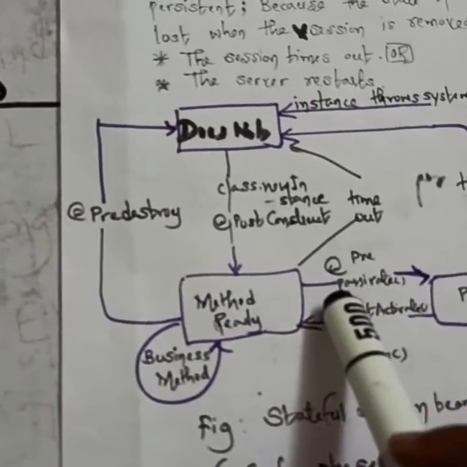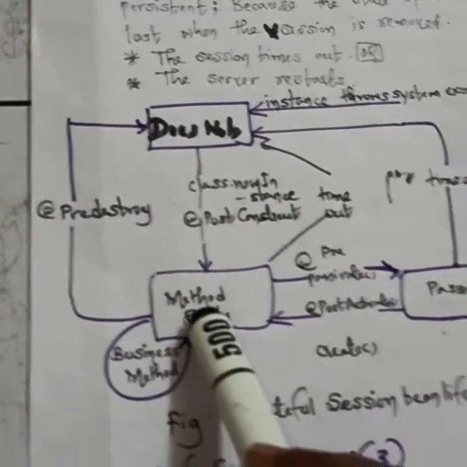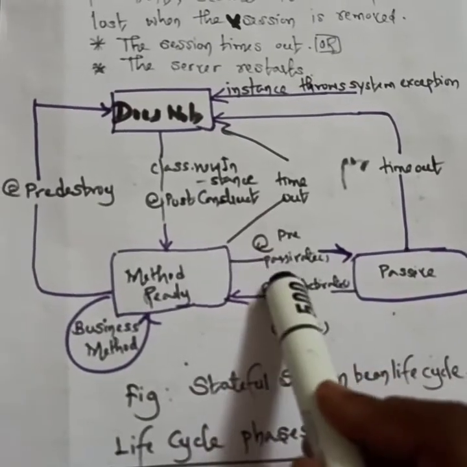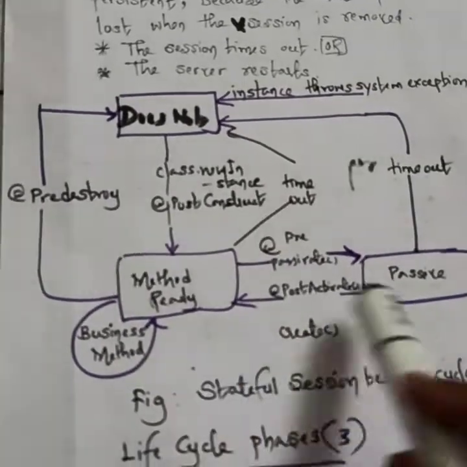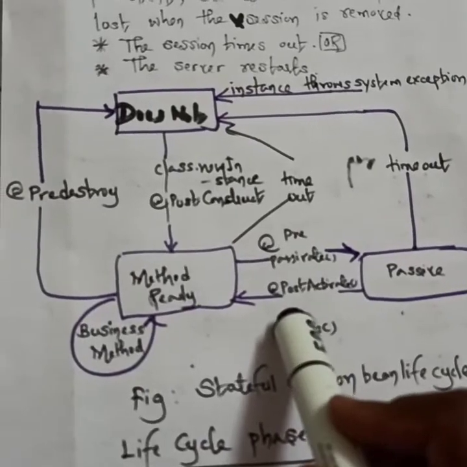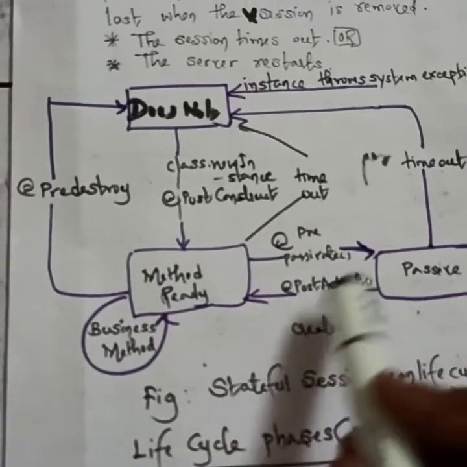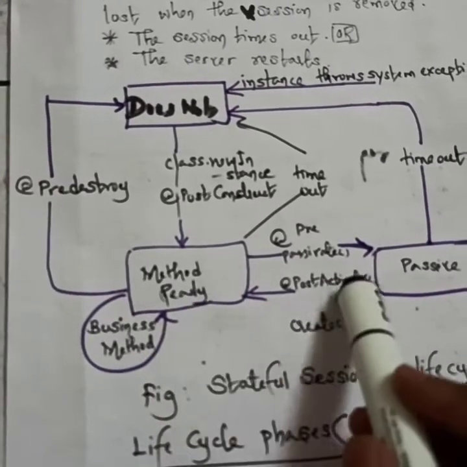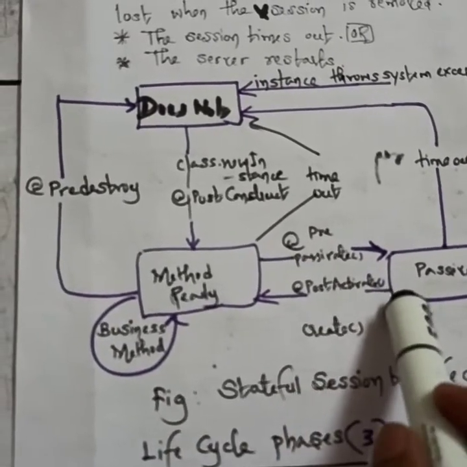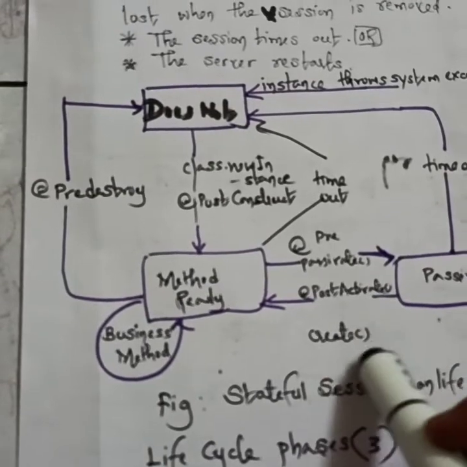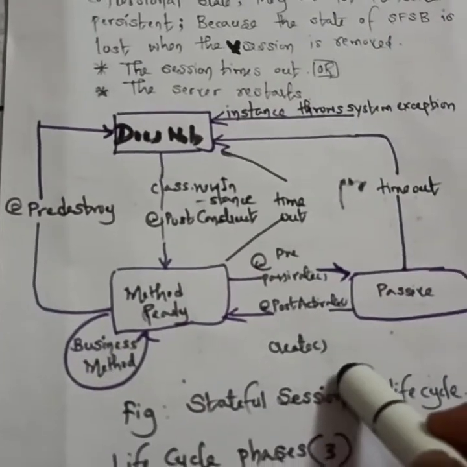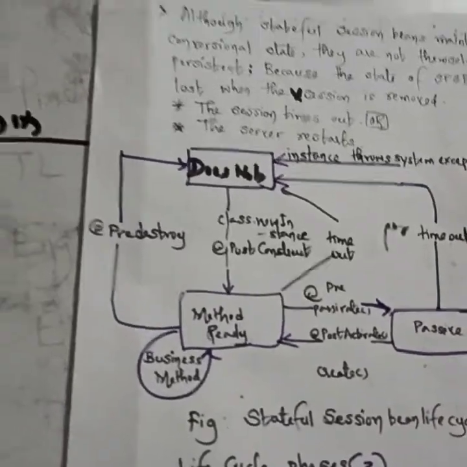To enter from the method ready state to the passive wait state, it calls the PrePassivate method. To enter back from passive wait into the method ready state, it calls the PostActivate method. In between it calls a create method. This is the life cycle of a stateful session bean.